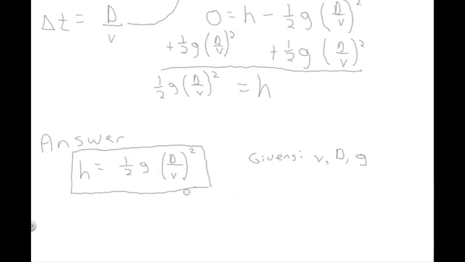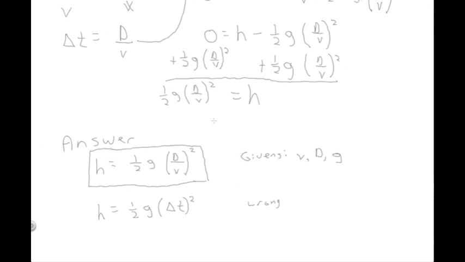Let me show you a wrong way to write this. Here's a way that some students might end up writing this. Now, this would be marked as wrong, even though in a sense it's right. After all, d over v is delta t.